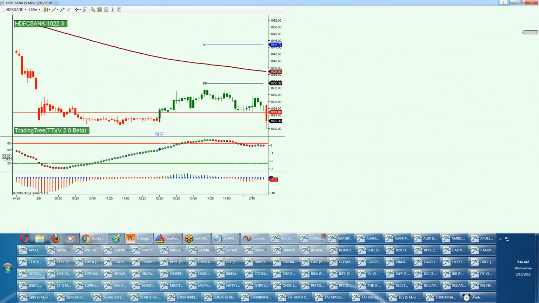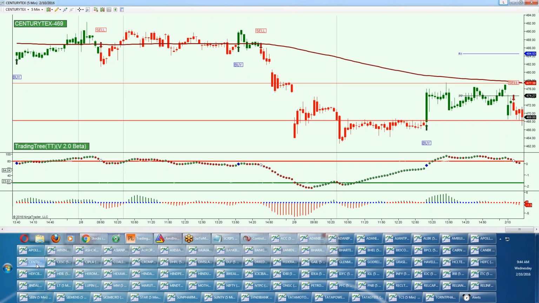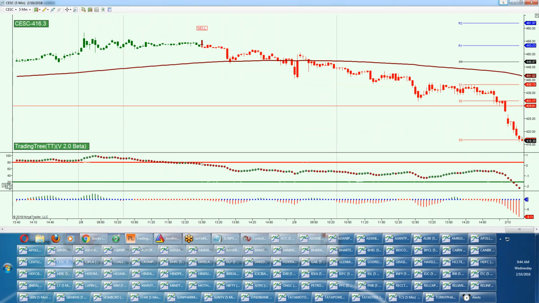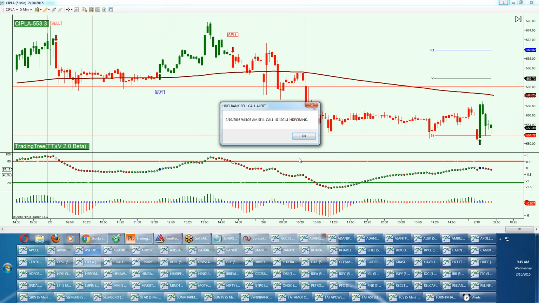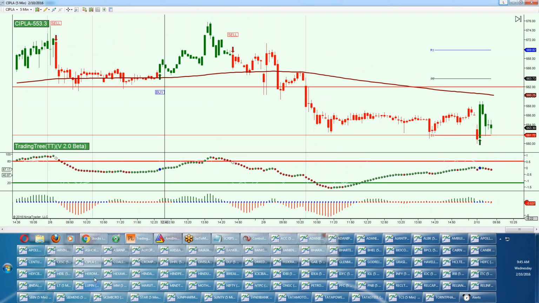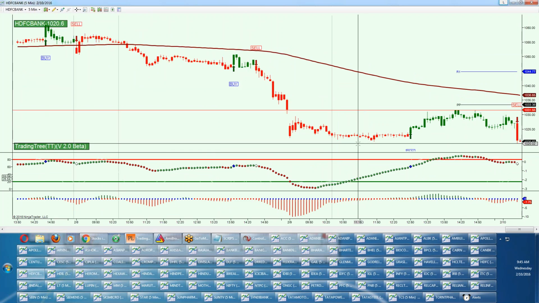That's HDFC Bank. Century, your entries. CESC, you can enter at S3. HDFC Bank, we have a sell now. So we will short it right below this, 1020.